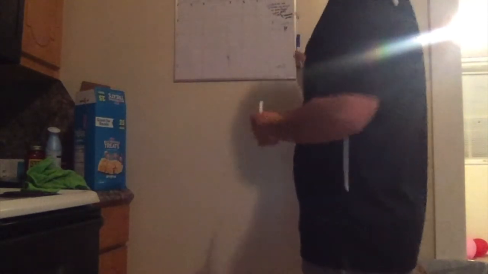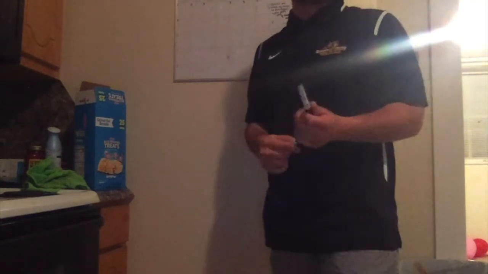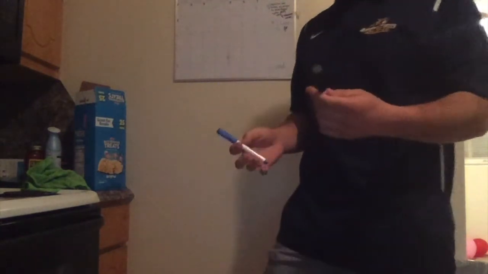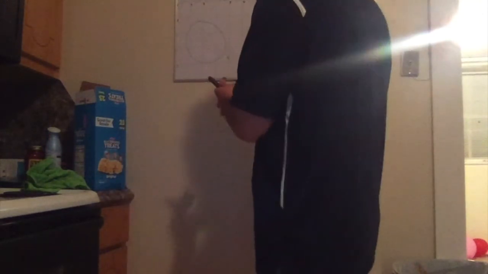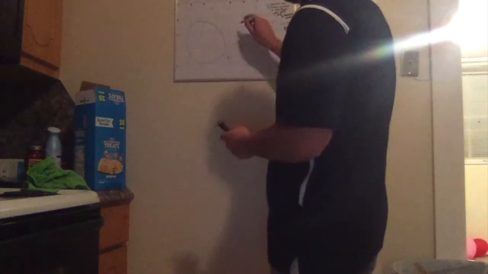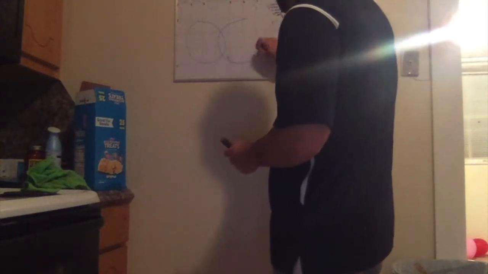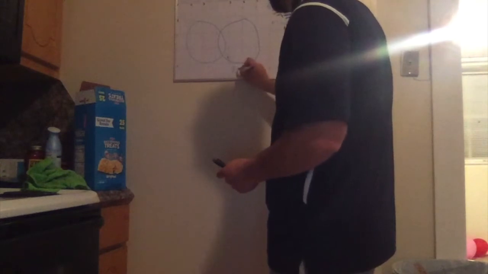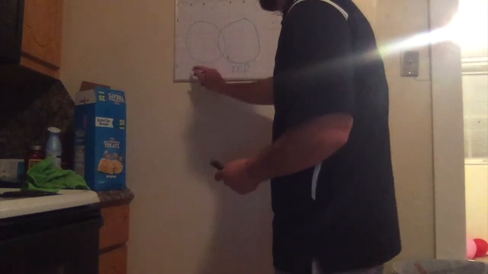So this is what a Venn diagram looks like. You're going to take, preferably, a green marker and a red marker. Pretend this is the green, and this is the red.